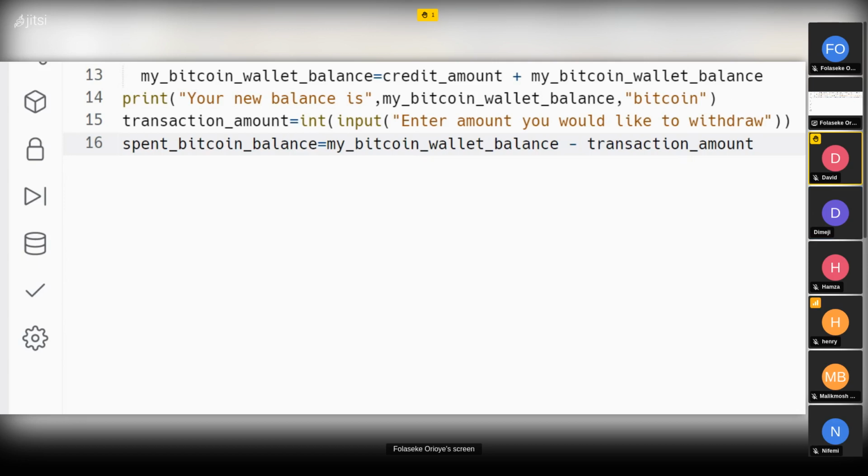Here it says it equals my Bitcoin wallet balance, which means the money that is remaining in the wallet. And the transaction amount is the money that you are going to spend to buy the thing you want to buy, just like 1,000. Thank you.